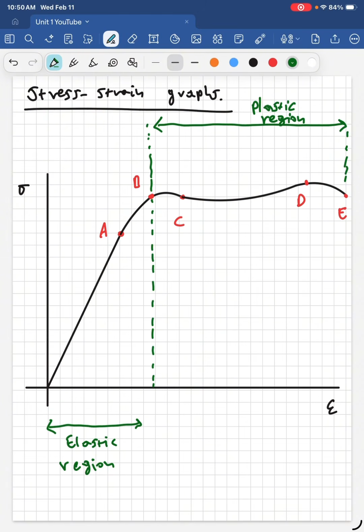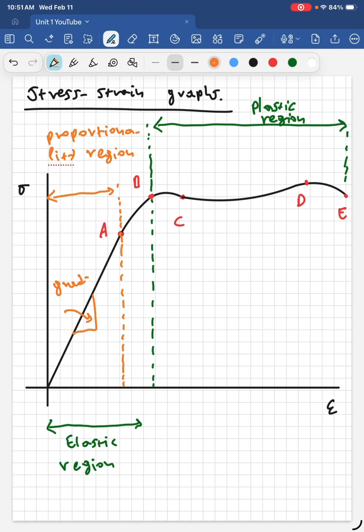And if we draw another line here, this is called the proportionality region. In this region, the gradient of this graph is equal to the Young's modulus.